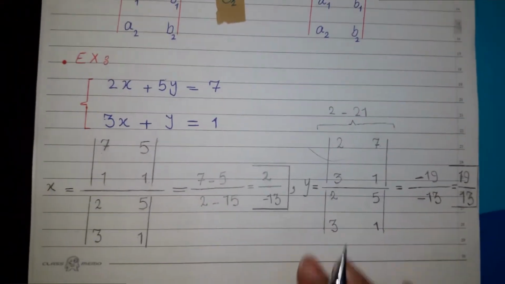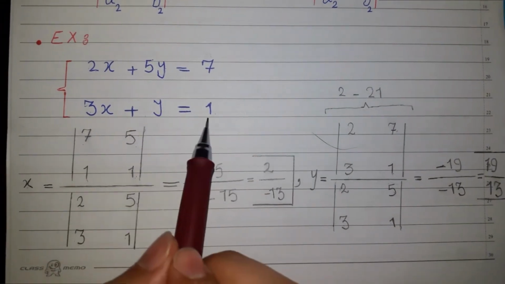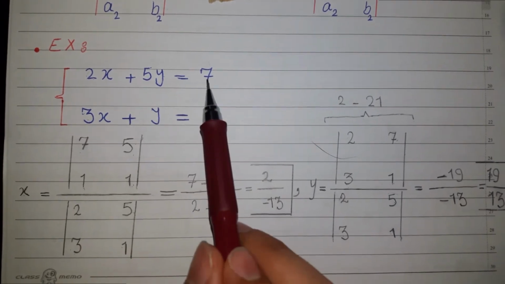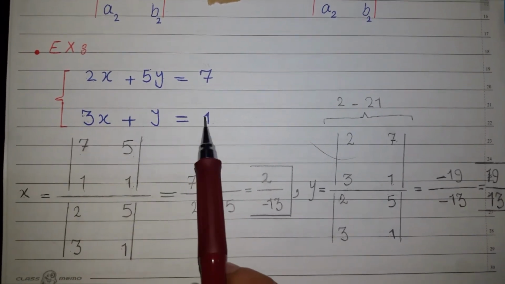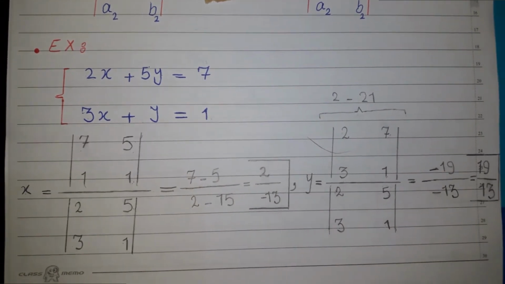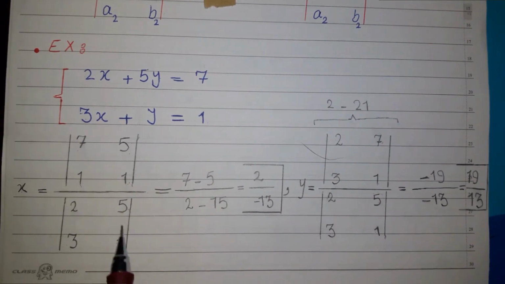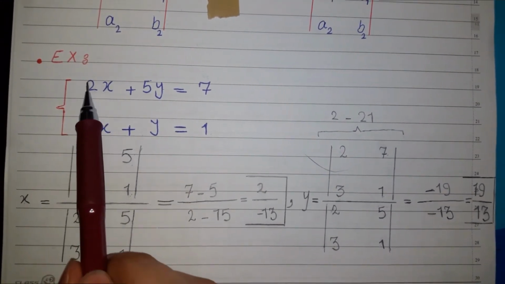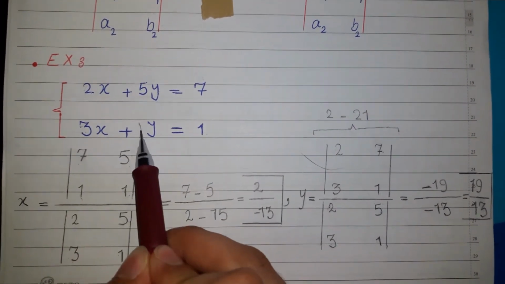Here's an example. We have the system of two equations: 2x plus 5y equals 7 and 3x plus y equals 1. For finding x, our denominator is the determinant of the matrix of coefficients, which is 2, 5, 3, and 1.